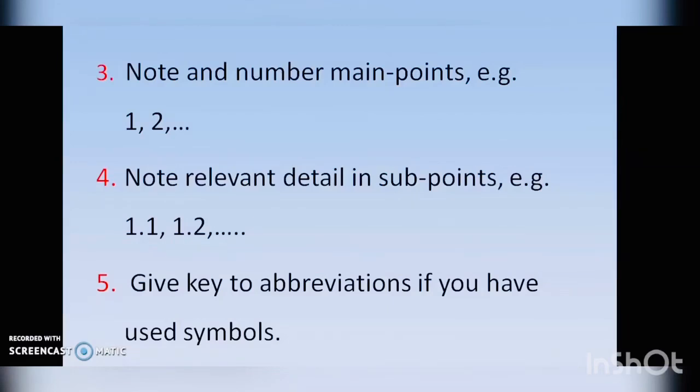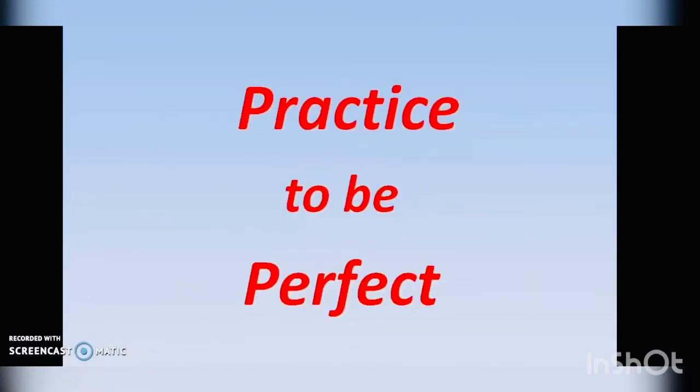Then the fifth thing is to make your notes brief, you use abbreviations or symbols. If you are using abbreviations or symbols, you must give a key to them, so that if after a period of time you refer to those notes again, you may not forget the abbreviations or symbols you used at that time.